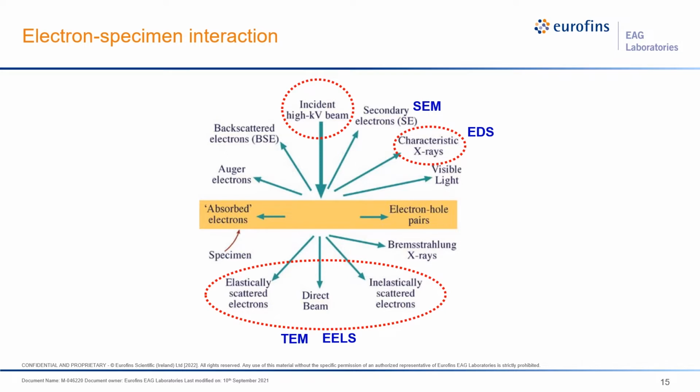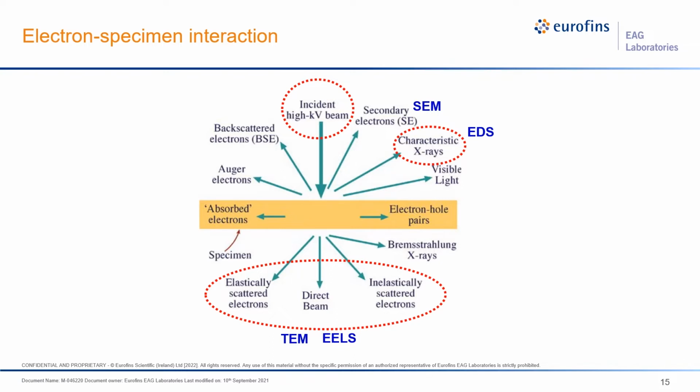Right. So when your electron probe interacts with your sample, it will generate a lot of secondary signals. For example, secondary electrons, and you will generate X-rays. And of course, because part or most of the electrons are transmitted, you use them to form images.